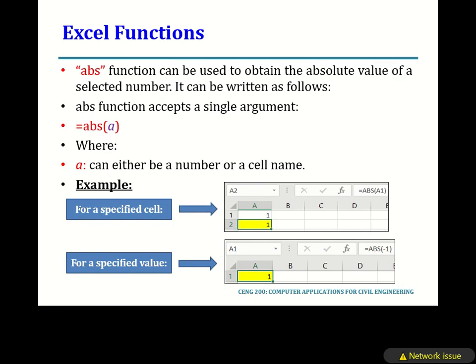Okay. Absolute. ABS function gives you absolute. They use ABS in driving as well, right? ABS in driving means what? Cars have ABS sometimes. Anybody knows? What is ABS in cars? All your cars have it now.